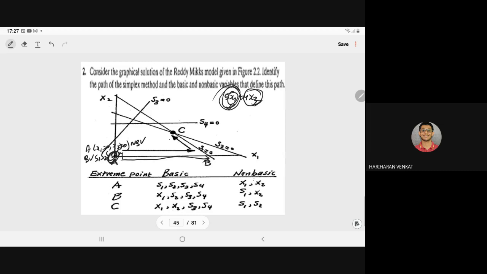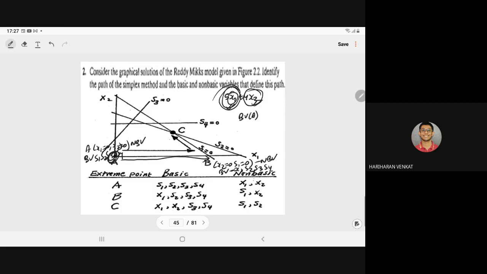At point B, we have x2 as 0 and s1 as 0. So they are the non-basic variables, and here the basic variables are x1, s2, s3, s4.